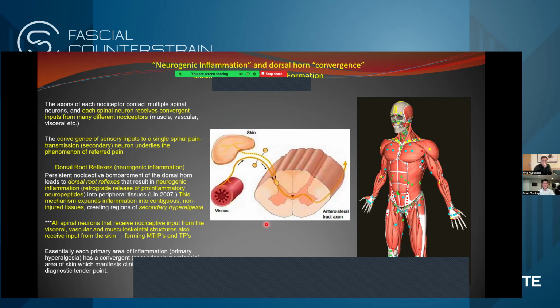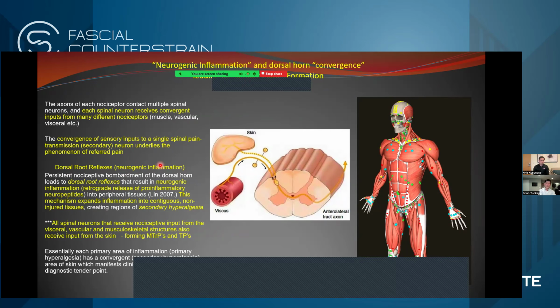Looking at some relatively recent research, 2007 and later, there exist what are called dorsal root reflexes. And the other concept, and we did a Facebook live on this, is neurogenic inflammation and convergence. This is a key thing if you're a manual therapist or a therapist of any kind.